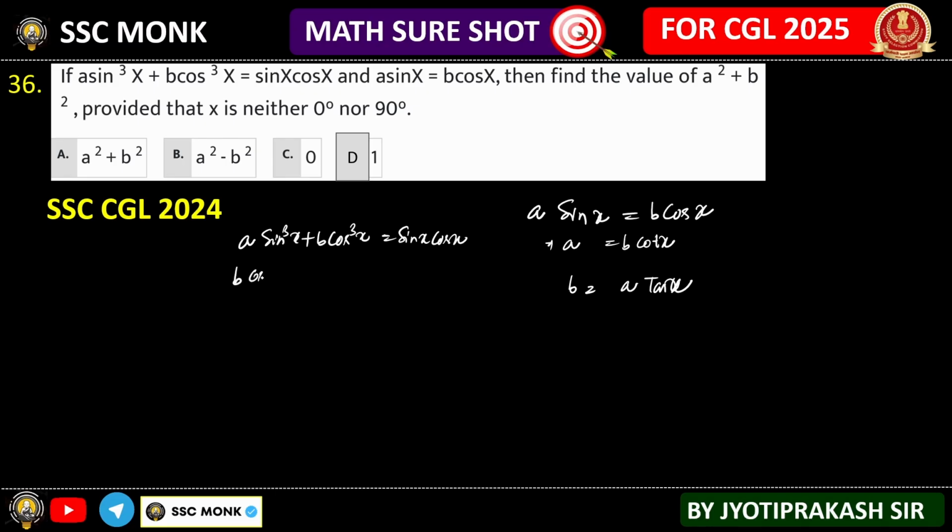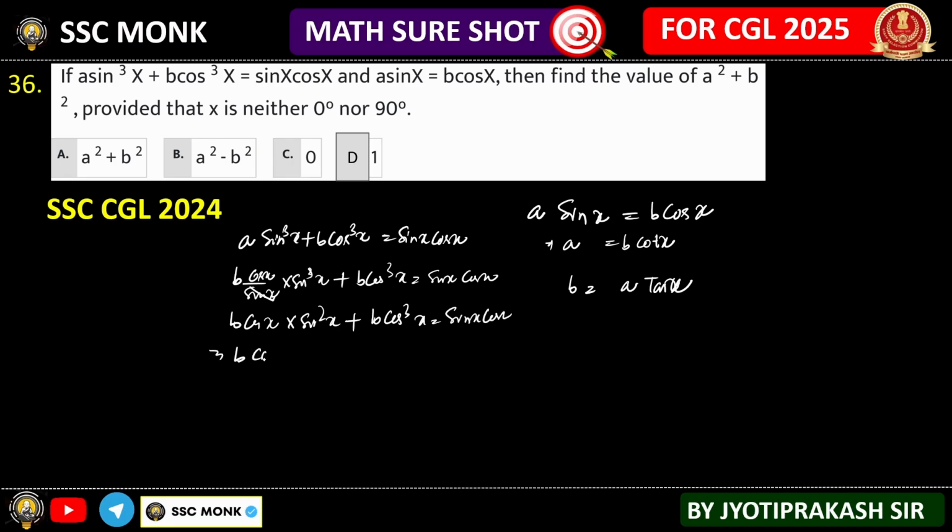So b cos x by sin x into sin³x plus b cos³x is equal to sin x cos x. One sin x will be taken out, so it will be b cos x into sin²x plus b cos³x is equal to sin x cos x.